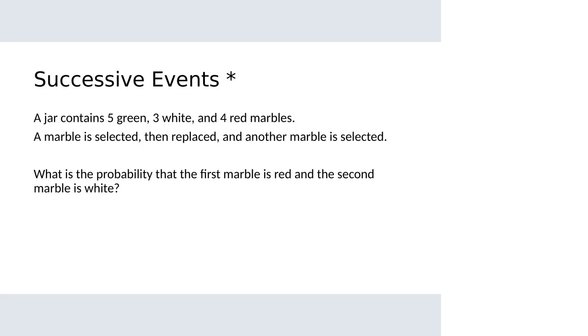So the setup here is just like the last one. It's just now we're looking for the probability of getting red followed by white.